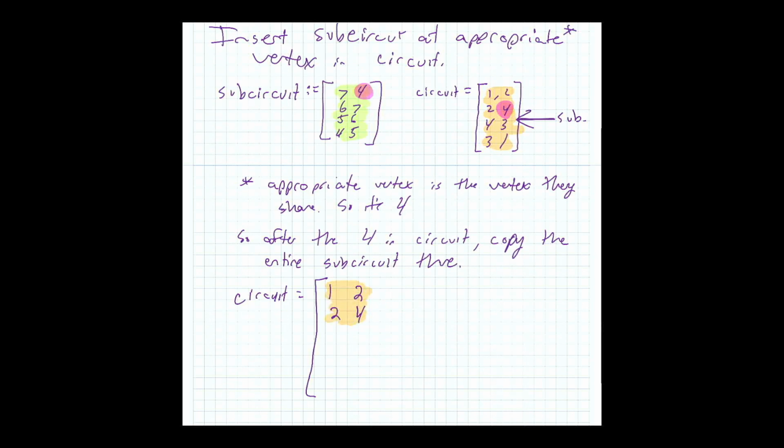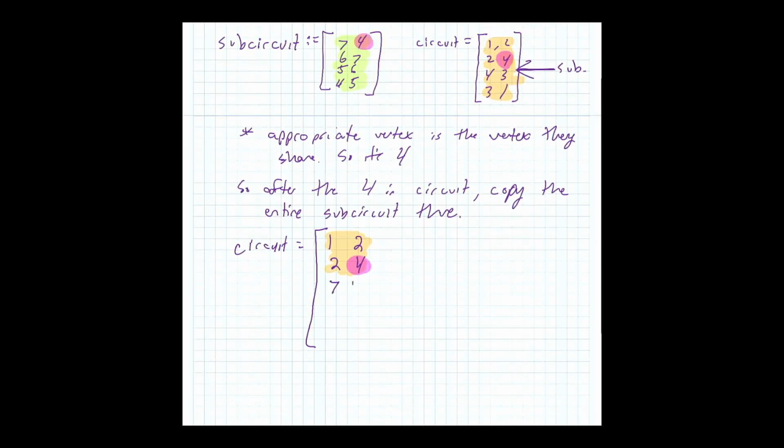At that point, you see the 4. That tells you that now you should copy all of the subcircuit. So then you come over here and this entire thing comes right here. So you go 7, 4, 6, 7, 5, 6, 4, 5. So there's your subcircuit.